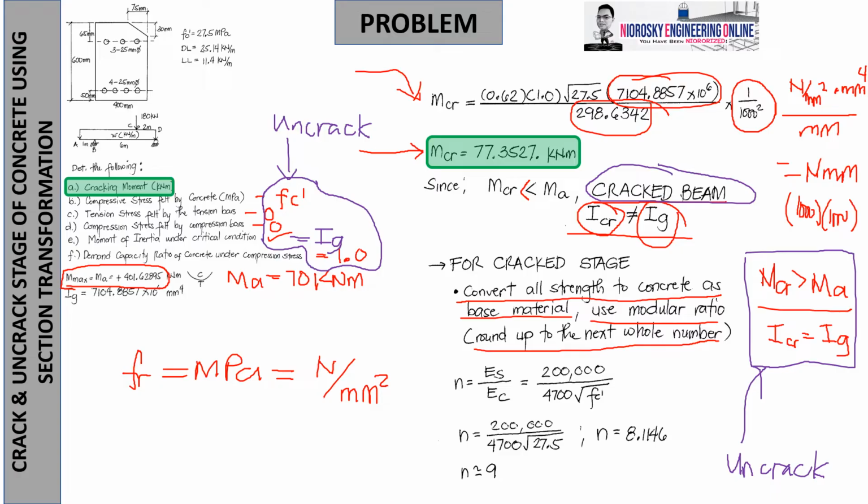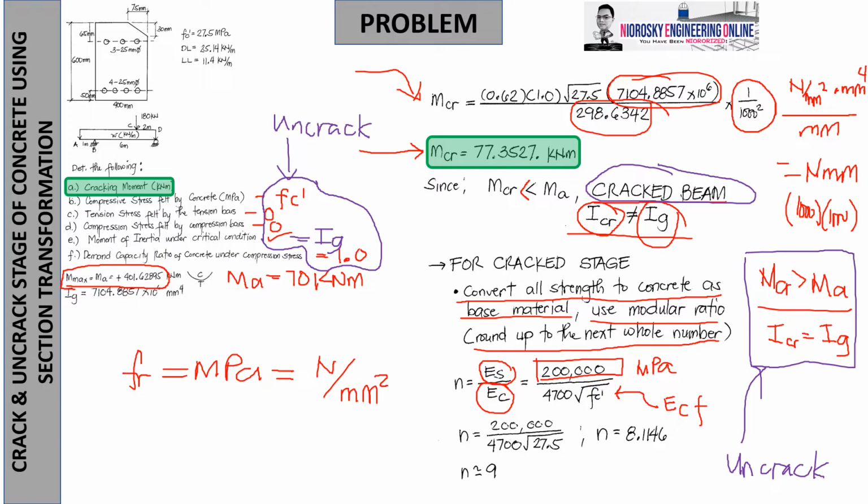Based on your strength of materials, it is the steel modulus over the concrete modulus. The steel modulus is taken as 200,000 megapascal. In our code, which I will show you in the next discussion, this is for E sub C under normal weight.